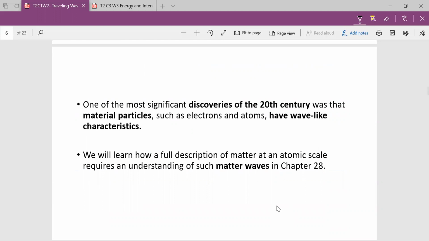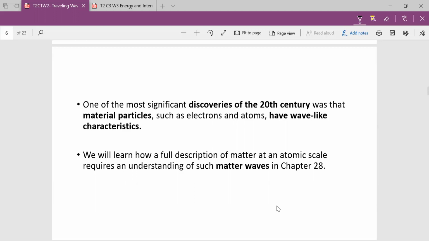The significant thing about matter waves is that they are waves whose material particles are electrons and atoms. Particles that have wave properties are described with matter waves, okay?